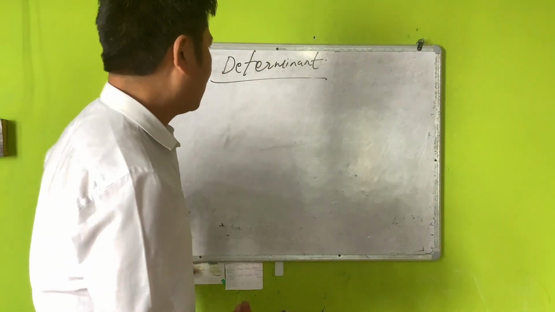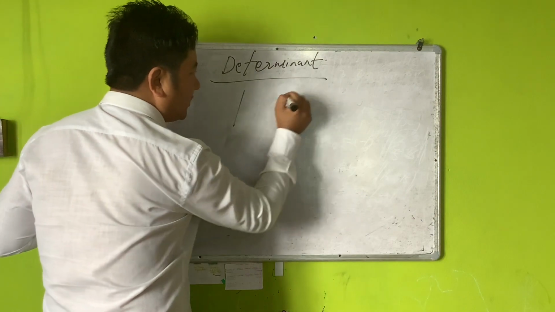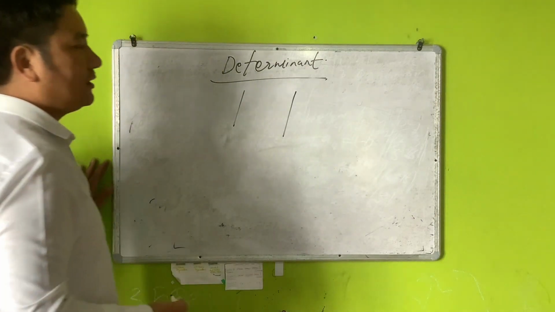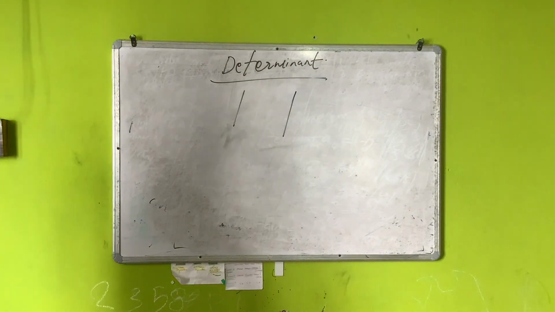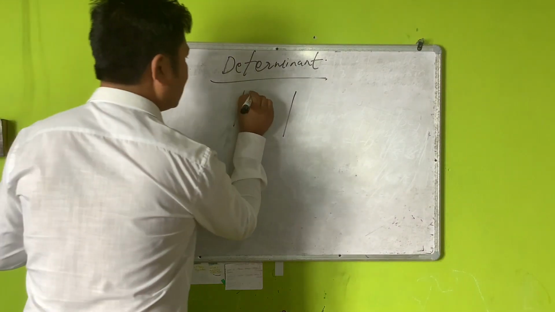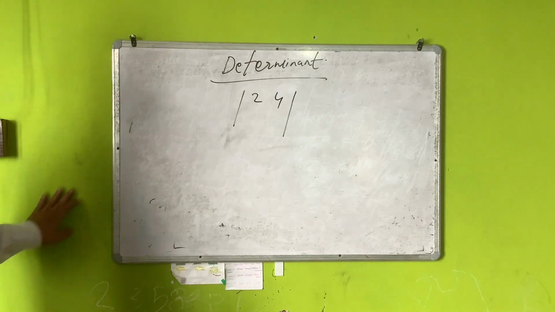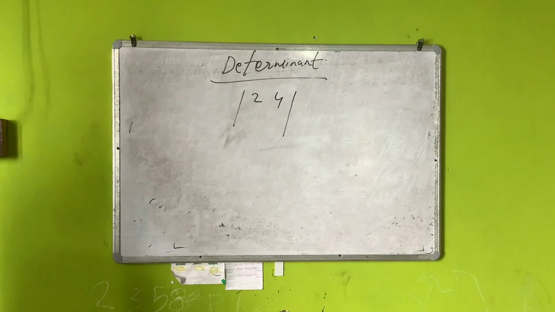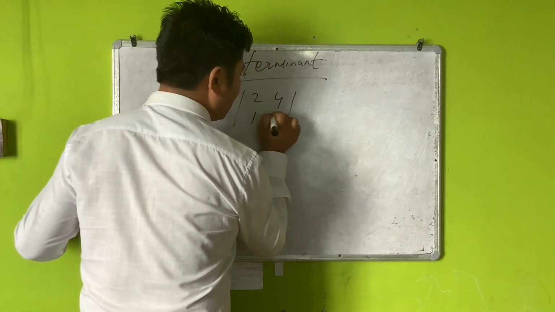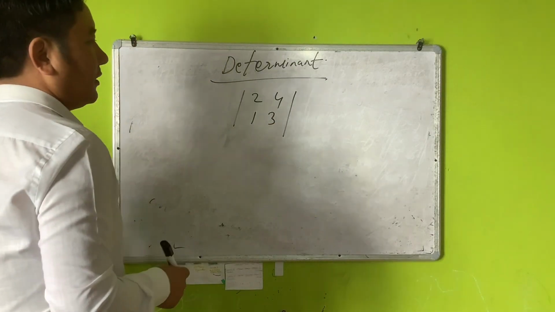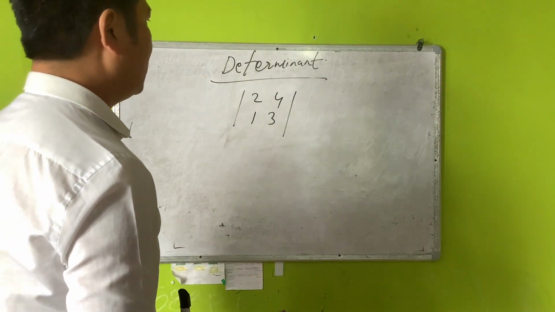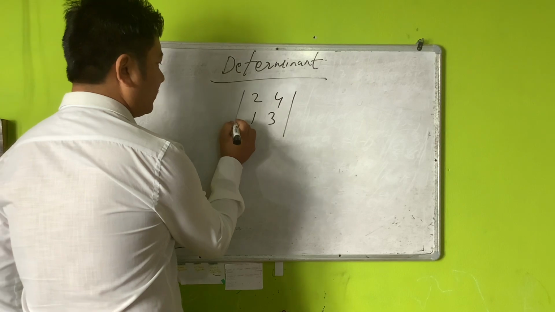So let us understand. As you know, the determinant is symbolized by this particular symbol. Whenever you put any figure inside, it will be your determinant. Now you have to solve this.